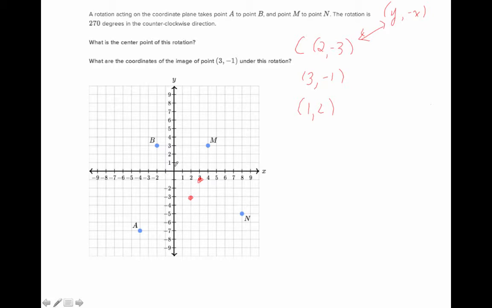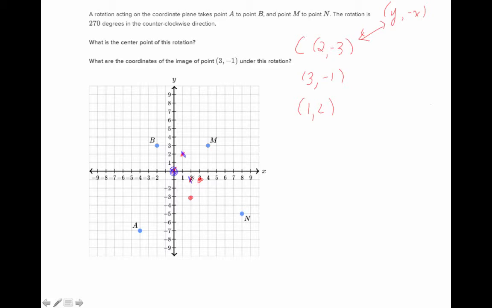So now I've just moved both of these. Basically, I have this one and this one instead of these two. Then I'm going to rotate it. So (1, 2), when rotated 270 degrees, would become (2, -1). It would be here. Okay, probably should have used some other color. Okay, so this is our new center.